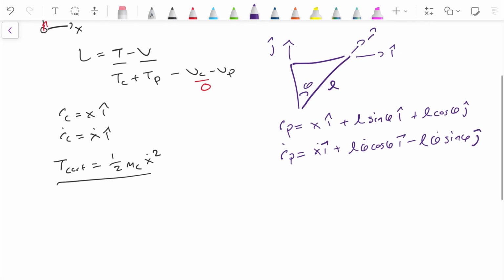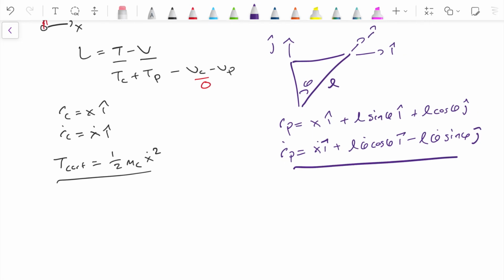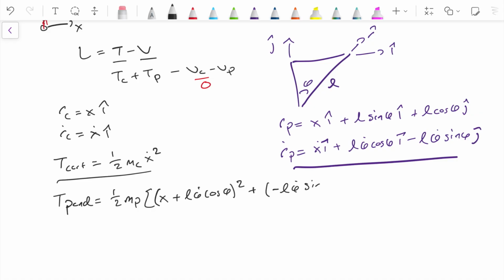And so in a similar way, because we're just dealing with a point mass, we don't have any inertial components. So the T pendulum is going to be 1/2 mP and then this is going to be our rP dot. So we have x dot plus L theta dot cosine theta, squared, and then we have minus L theta dot sine theta, squared.